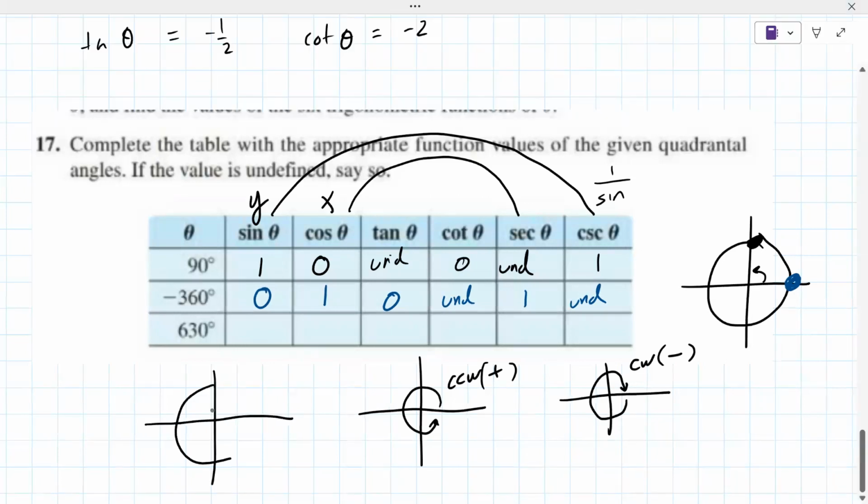So I want you to tell me where 630 is on the unit circle, whether it's at A, B, C, or D, or somewhere else, please.